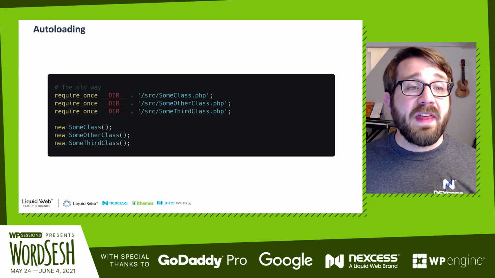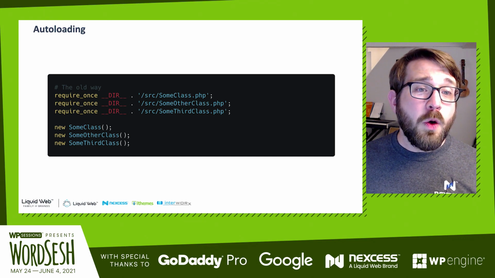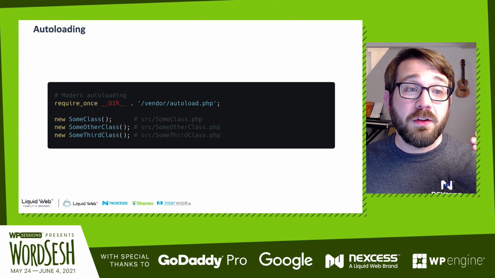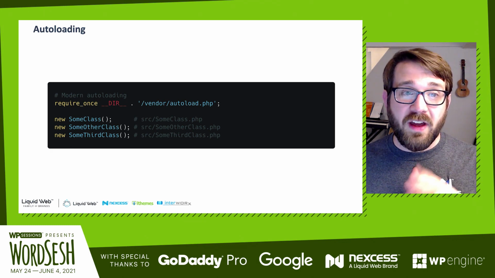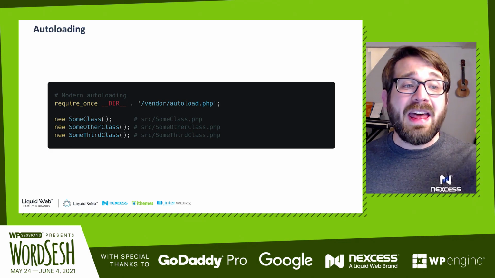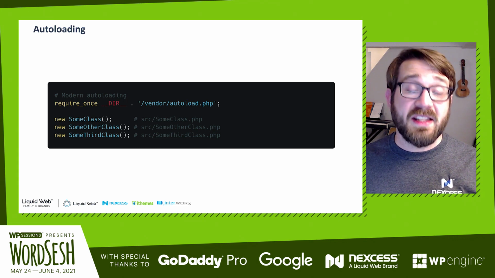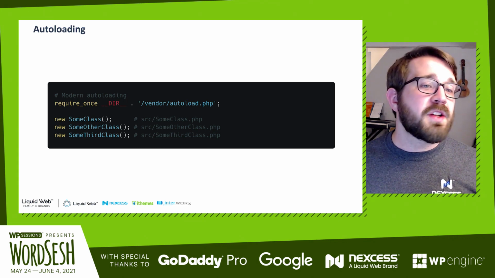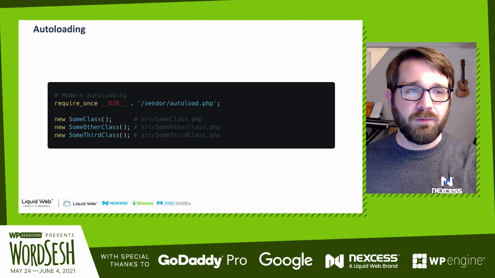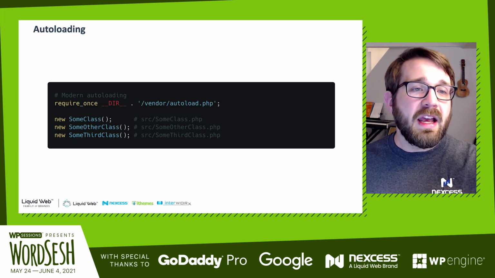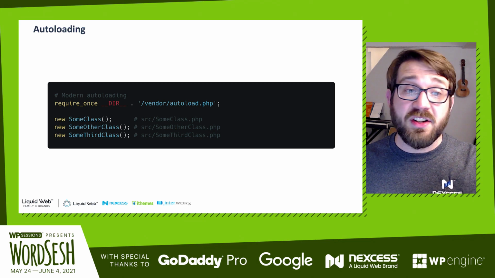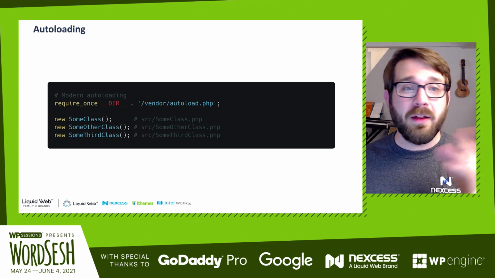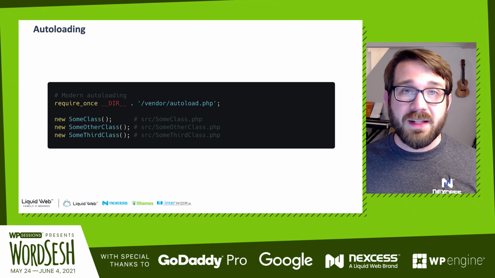So with that Composer-generated autoloader, we can replace these require_once statements and have a single call to require_once vendor/autoload.php. And then every time we call one of the classes that's covered by that autoloader, PHP automatically pulls in the file. So when we say new SomeClass, for instance, it knows that's in src/SomeClass.php. SomeOtherClass is within src/SomeOtherClass.php. It's pretty handy.